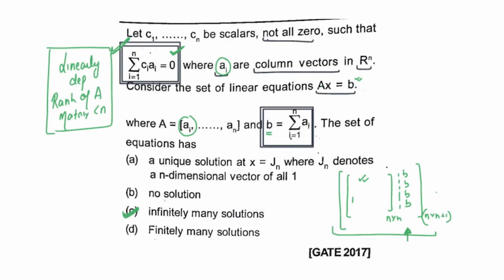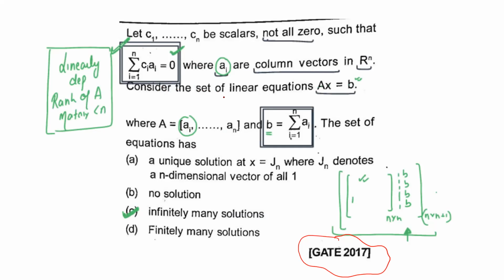This is a question that came in GATE 2017. Let C1 up to Cn be scalars, not all 0, such that the sum of Ci Ai is equal to 0, where Ai are column vectors in R to the power n.